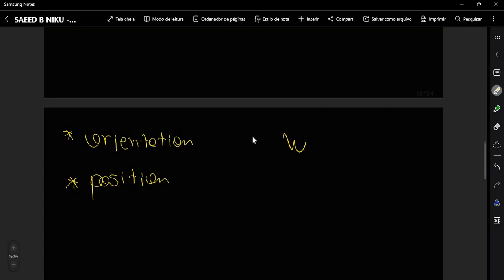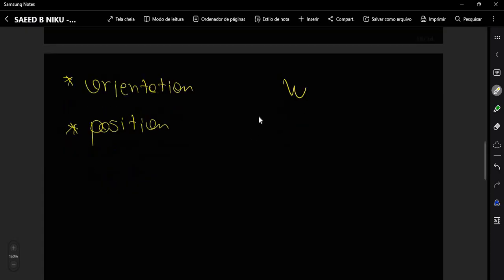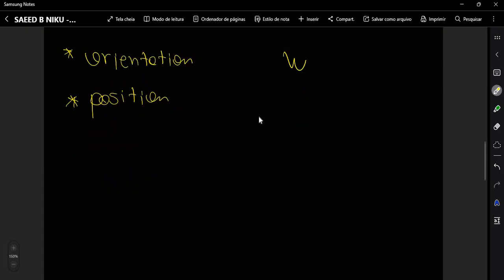So this matrix will turn into a 4 by 4 matrix this way.